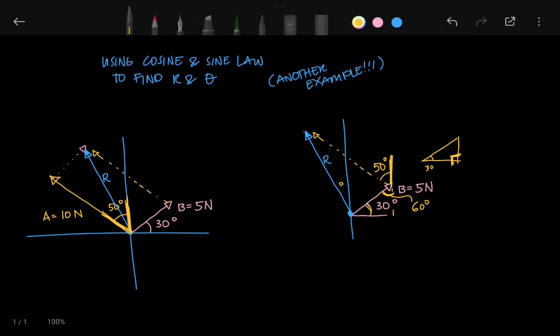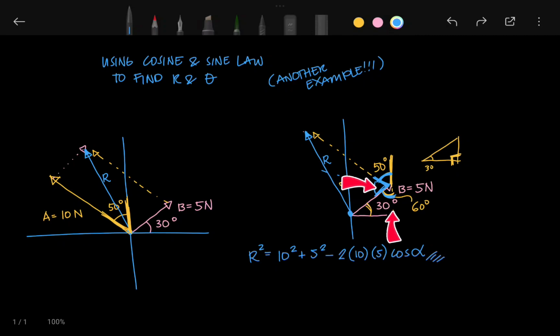So, this time, let us write the equation for r squared equals 10 newtons squared plus 5 newtons squared minus 2 times 10 times 5 cosine alpha. This angle, alpha, is the angle right across r. Earlier, we already analyzed this. Isn't this 50? Meanwhile, this is 60 because of that small triangle formed down here.